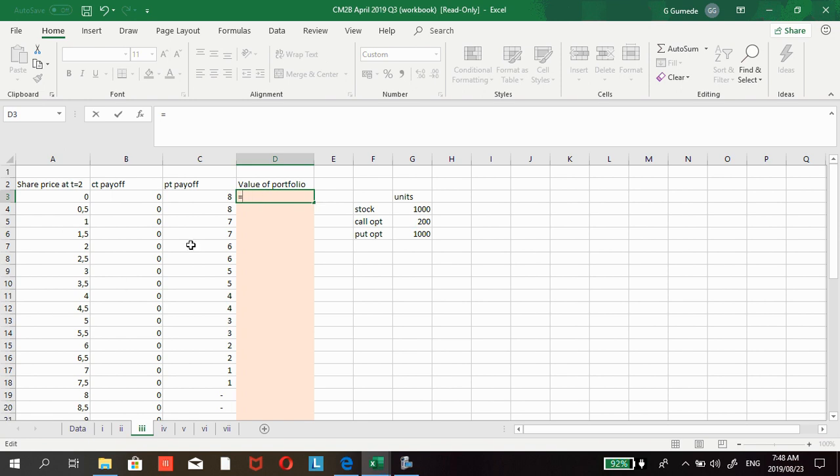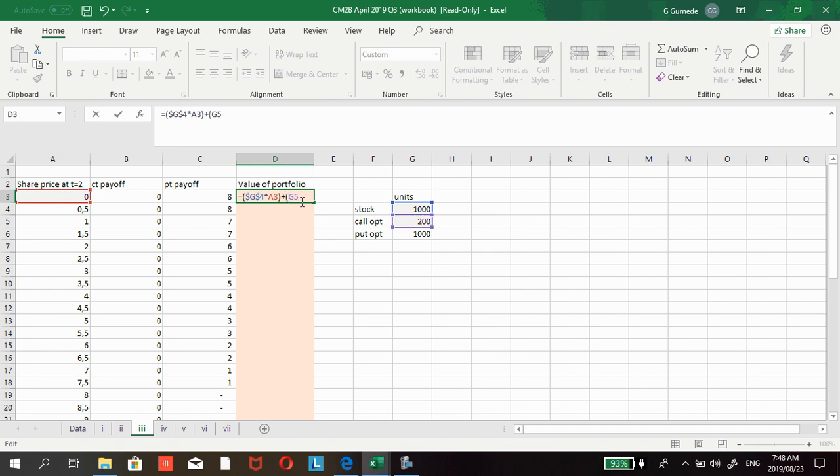For these possible share prices, I'm going to have 1,000, multiplied by the share price. Now I want to lock this 1,000, so I'm going to use the $ sign, and there I'm going to add the number of units under the call option.